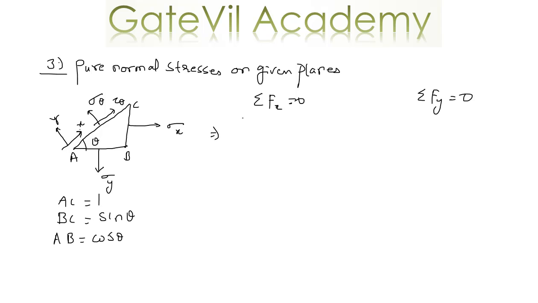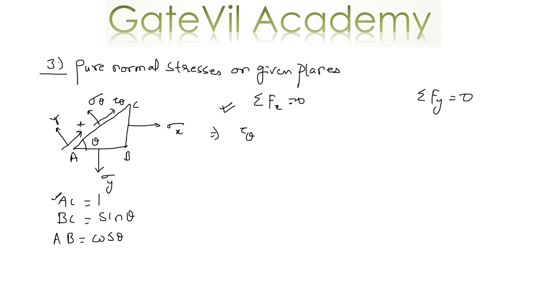So let's first do summation Fx equal to 0. Here we have one stress, tau theta, multiplied by its own area, which is 1. So we have force tau theta. Let's convert these stresses into forces.